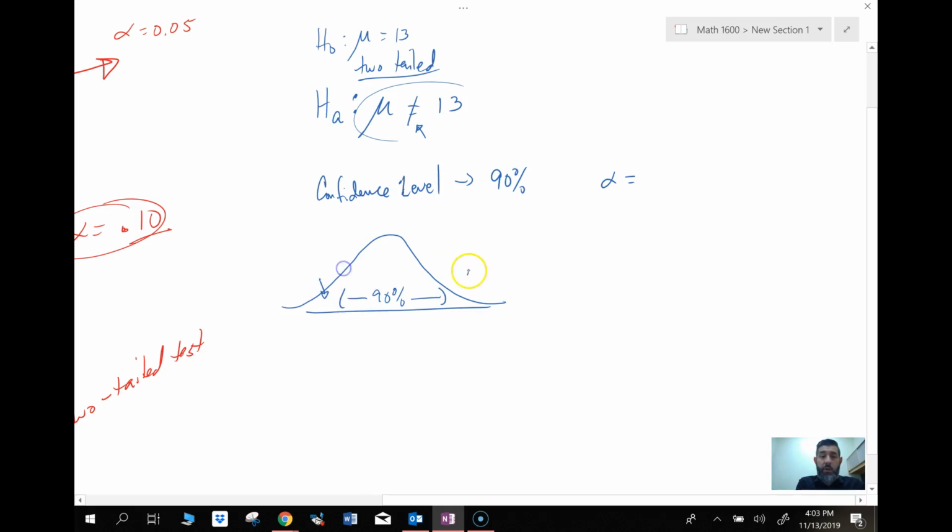What's left over on both sides, because I shaded both sides? 10%. So my alpha level is going to be 0.10. That's pretty easy, right? If the two-tailed test has a confidence level of 95, then my alpha level would be 0.05, 5%. You just subtract from 100. How hard is that?